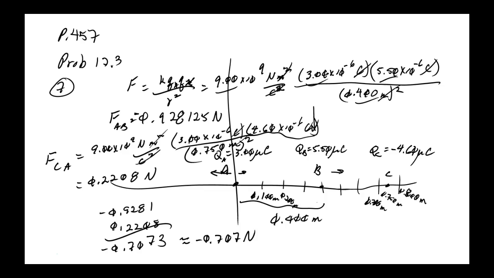Okay, and then the C. Find the total force and direction on charge C. And I've already erased some things I wish I hadn't. Okay, but the force of A on C, we know that's going to be a minus 0.2208, because A is pulling C this way, because they're unlike charges, it's pulling it that way.